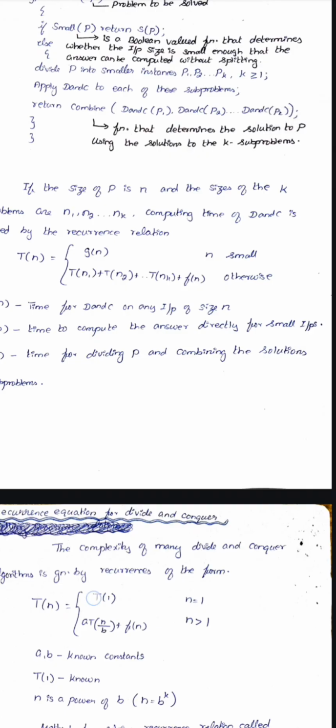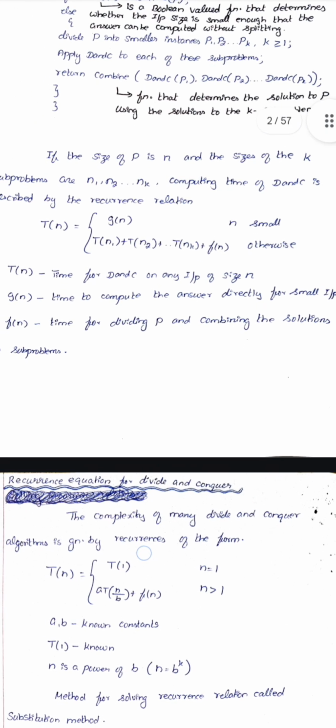Else, divide P into smaller instances P1, P2, ..., Pk, k ≥ 1. Apply DAndC to each of these subproblems. Return Combine(DAndC(P1), DAndC(P2), ..., DAndC(Pk)). Combine is a function that determines the solution to P using the solutions to the k subproblems.